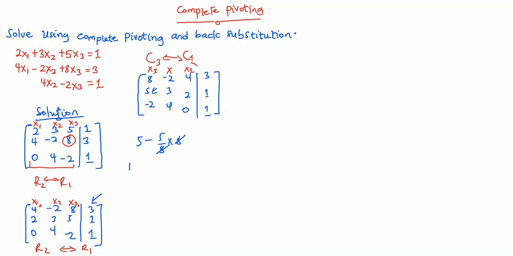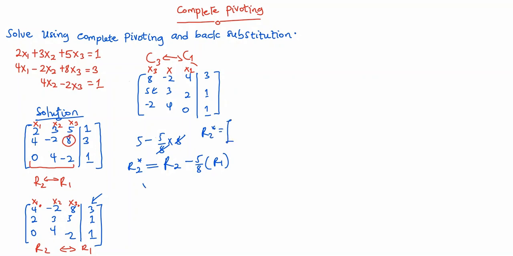So we're going to say that our new row 2 should be equal to the old row 2 minus 5 on 8 multiplying row 1. When we do this, we can make the 5 0. That's all you want to do. Let me write this here. This will be the entries for the new row 2.